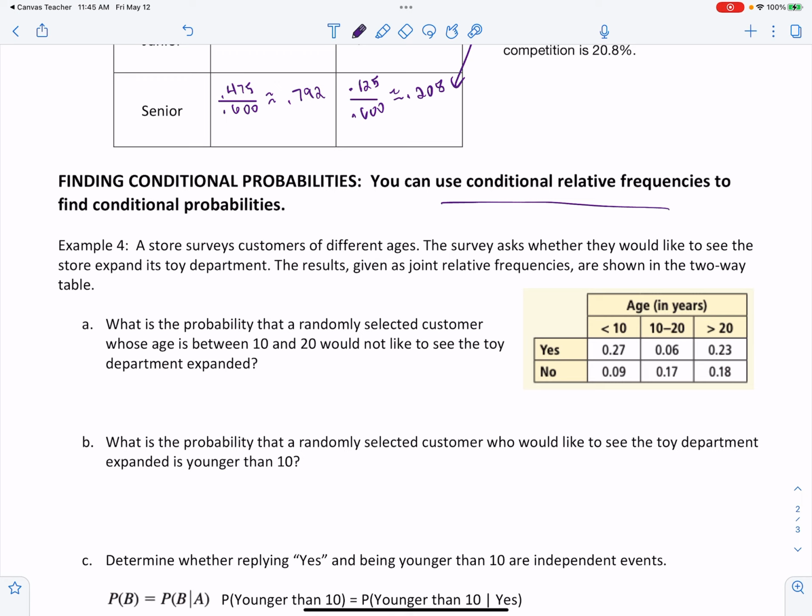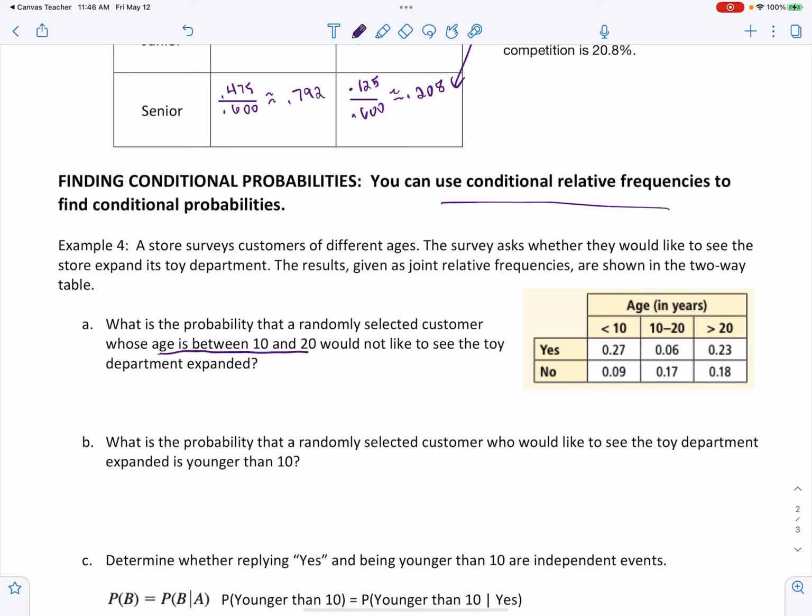So we have this example. Story surveys customers of different ages. They ask whether they would like to see the store expanding its toy department. The results given as joint relative frequencies are shown in the two-way table. So that's what's given. What is the probability that a randomly selected customer whose age is between 10 and 20 would not like to see the toy department expanded?